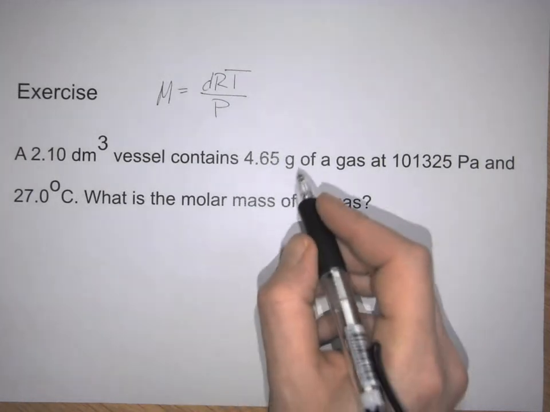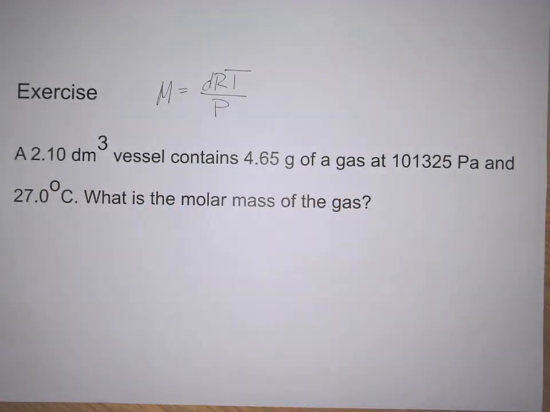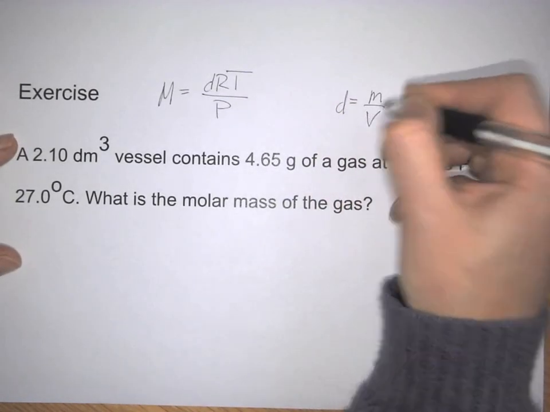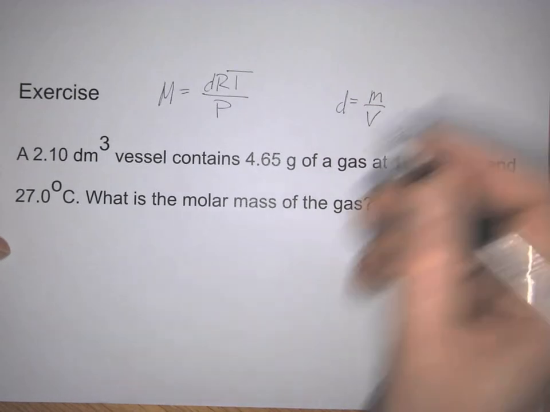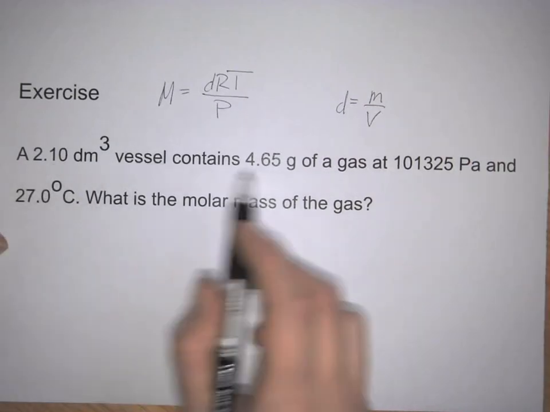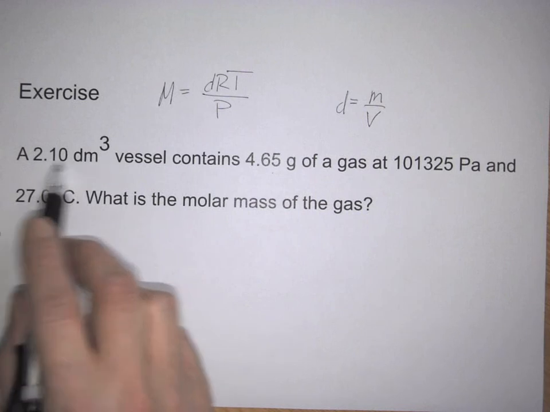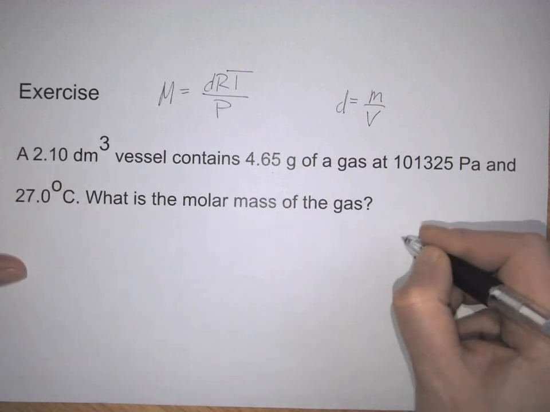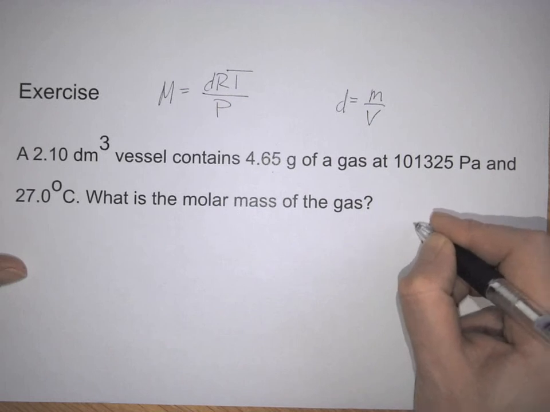And we know the volume and we know the grams. We can actually calculate that. So the density is the mass divided by the volume. One thing more is that we need to convert it to correct units. We can just state what we know.